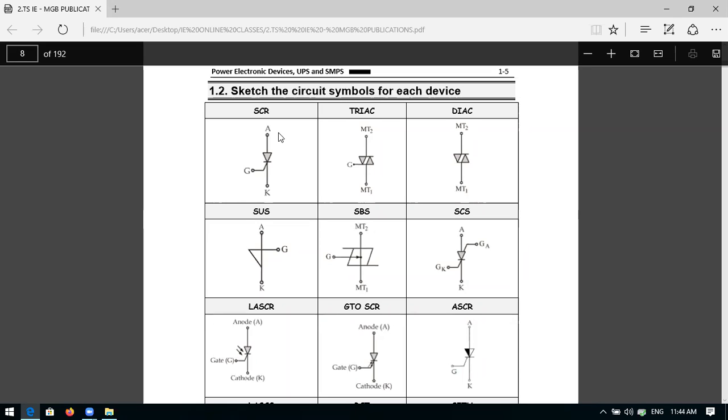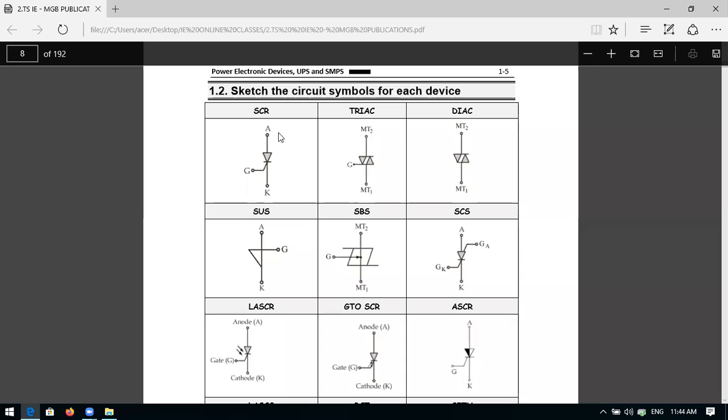It is made up of silicon. A for anode, K for cathode, G for gate. These are the 3 terminals: anode, cathode and gate. Next one is triac.